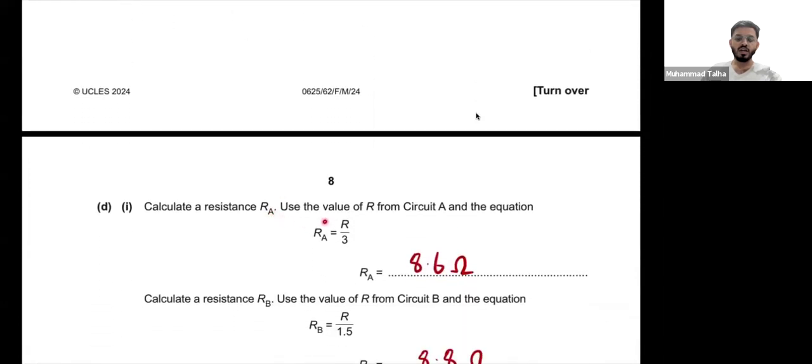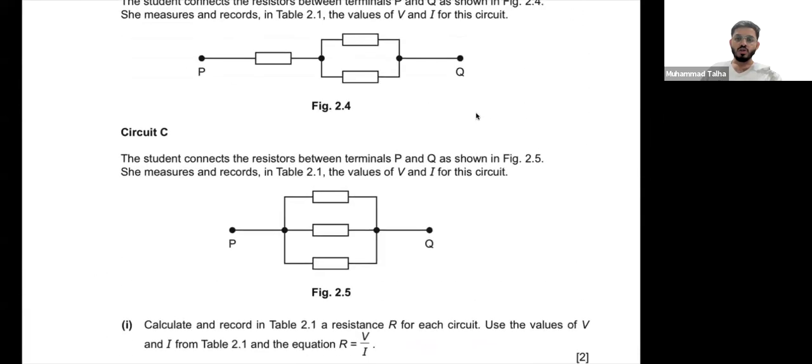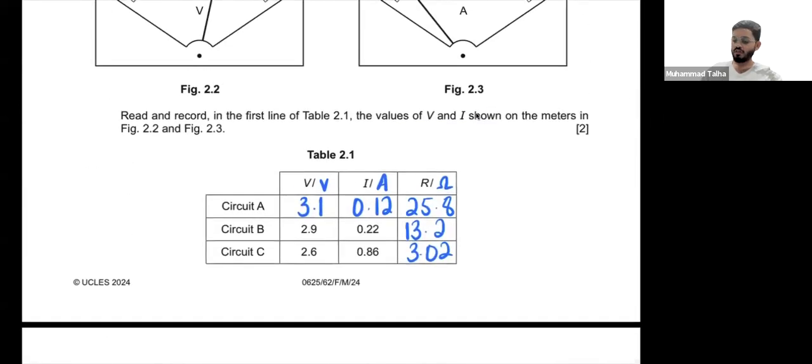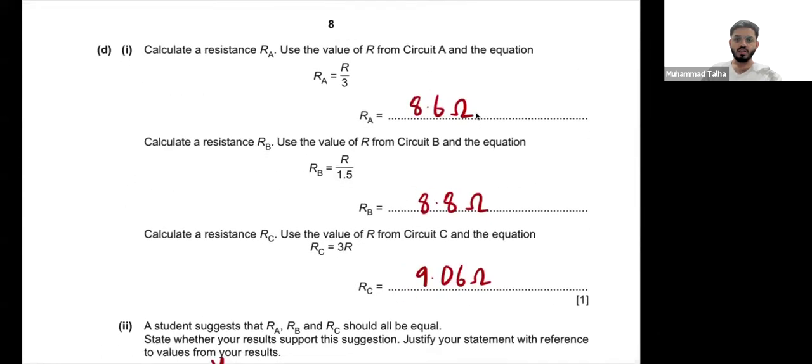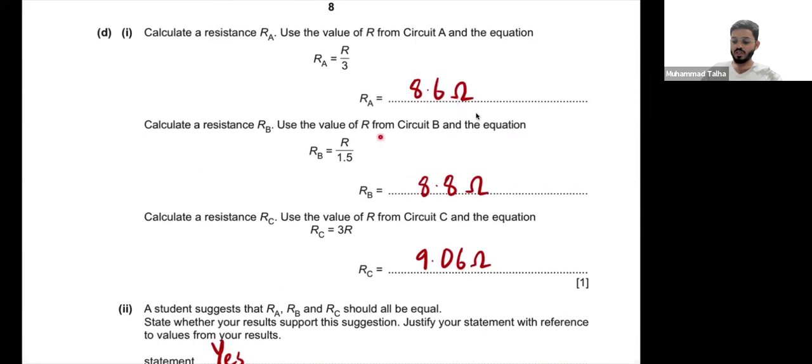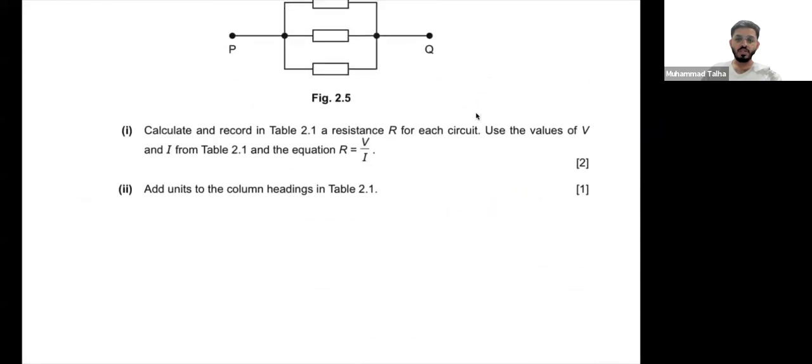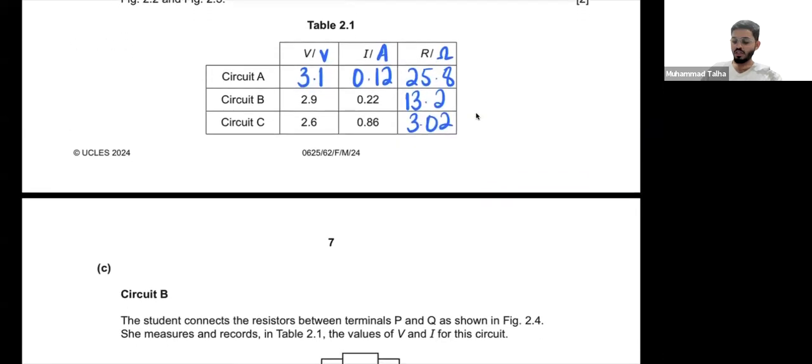Calculate a resistance RA, use the value of R from circuit A and this equation. So R from circuit A is 25.8. I just have to divide this by 3 and write down the answer. It turns out to be 8.6 ohms. Similarly, RB, for this you use the value of R from circuit B, which is 13.2.